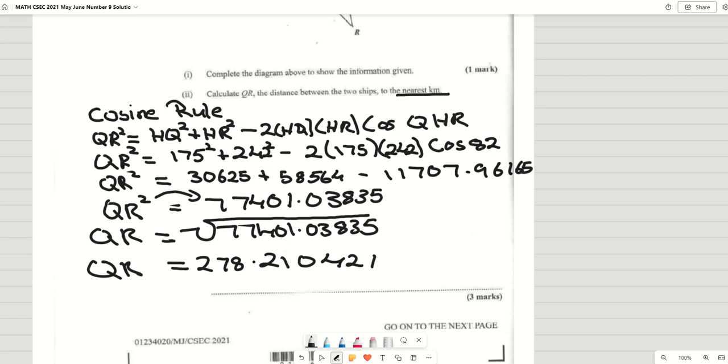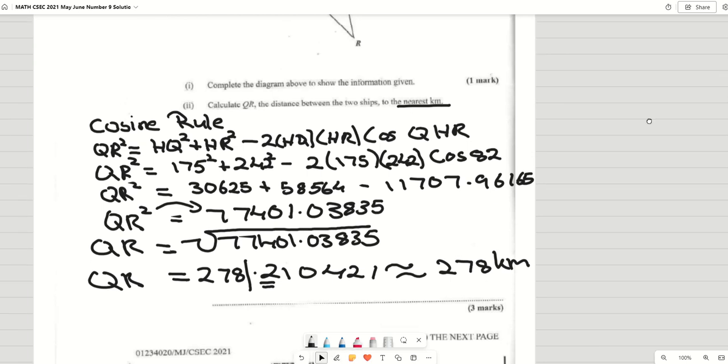But they told you to the nearest kilometer, so this is kilometers. The number after the line that I drew is less than 5, so it will remain as 278 kilometers, and that would be your answer for the distance of QR.